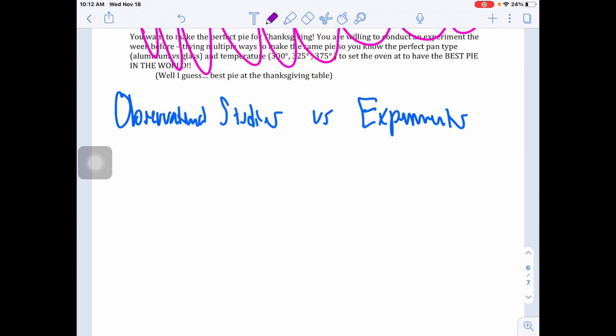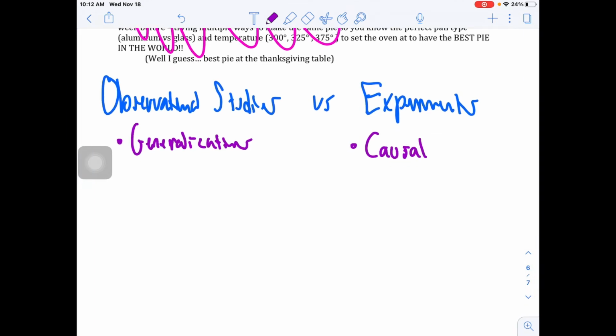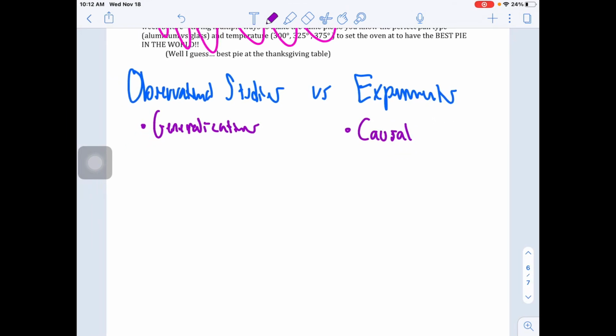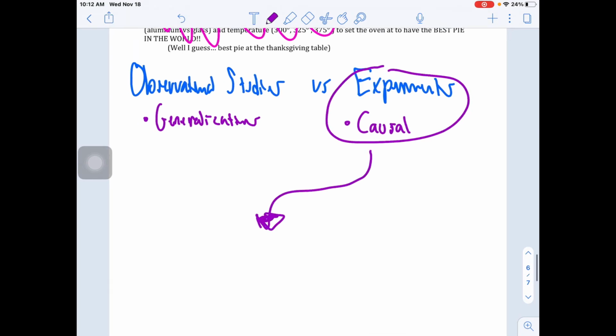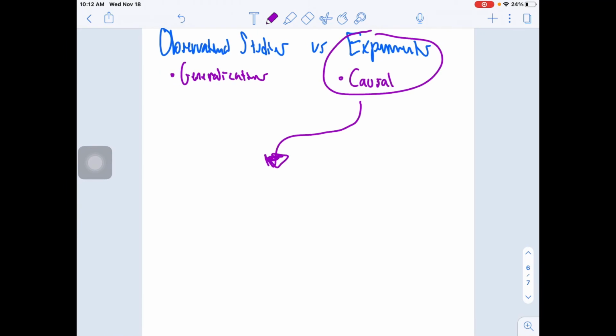And what can happen is, in these, we can make generalizations, where over here we can establish causal relationships or cause and effect relationships. Right? But now we can actually take this further. And depending on a couple of things, we can make better conclusions.